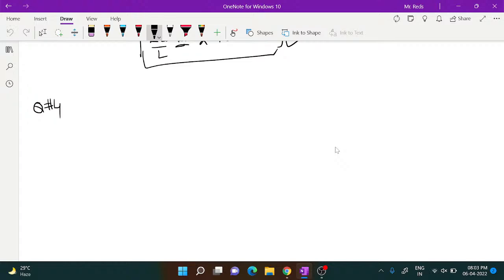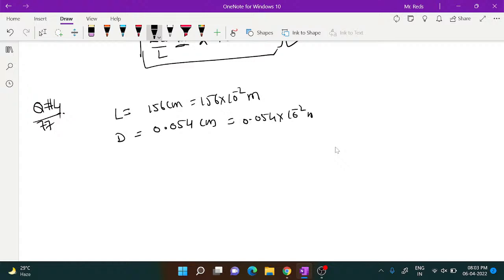Question number 4. The question is, the Searle's method to determine the Young's modulus of a wire, a steel wire of length L is equal to 156 centimeters, which is 156 into 10 to the power minus 2 meters, and diameter is equal to 0.054 centimeters, which is 0.054 into 10 to the power minus 2 meters.